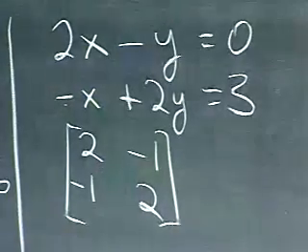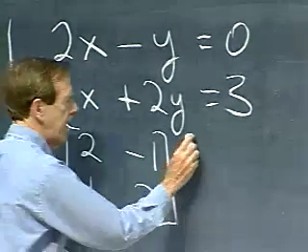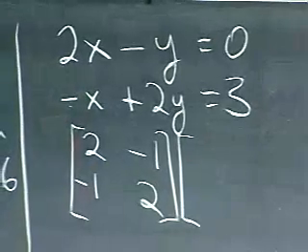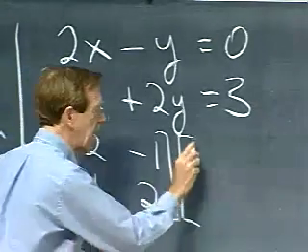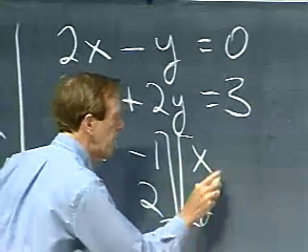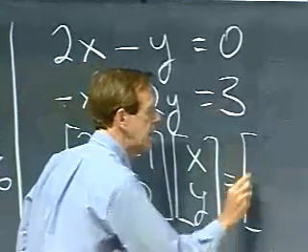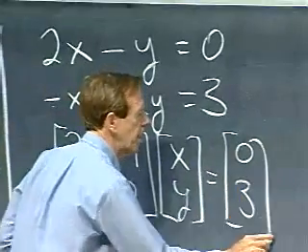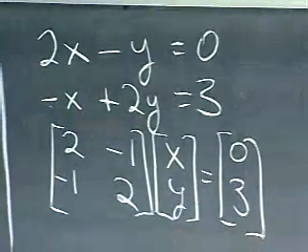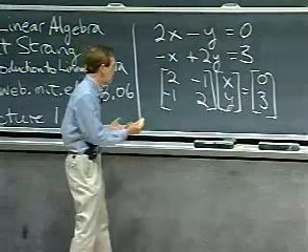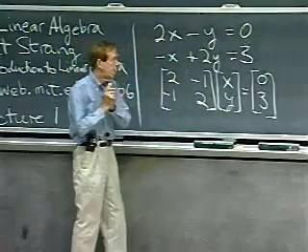That's the matrix. And the unknown, well, we've got 2 unknowns. So we've got a vector, x, with 2 components, x and y. And we've got 2 right-hand sides that go into a vector 0, 3.